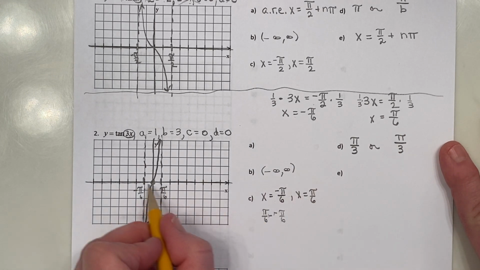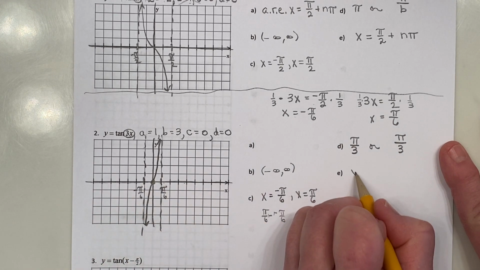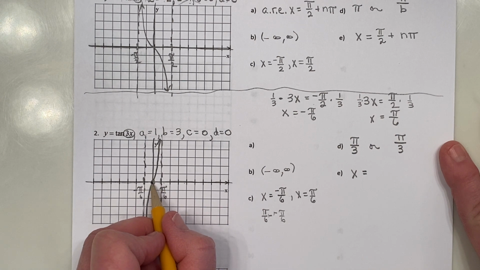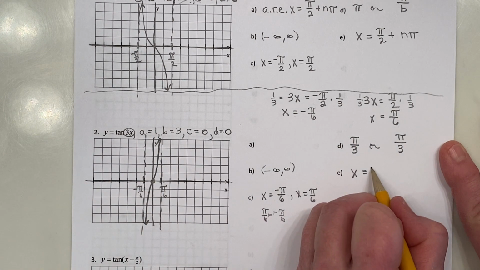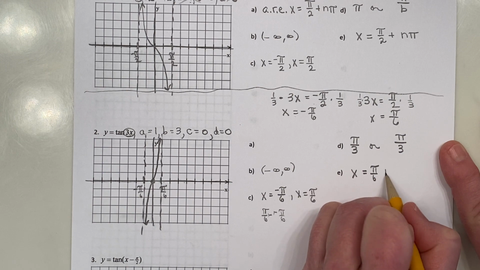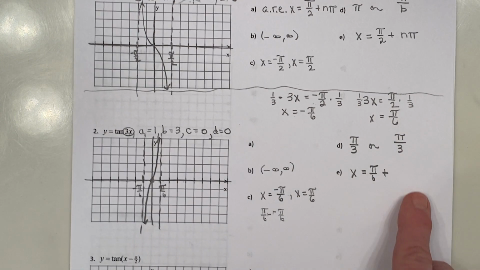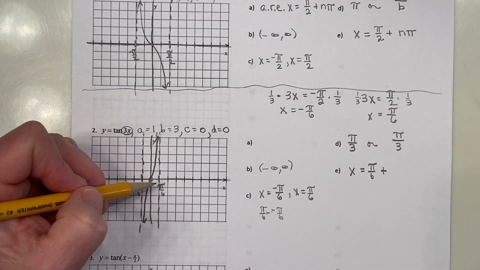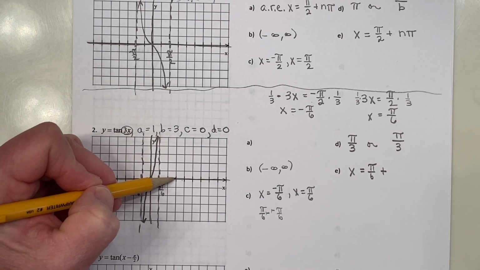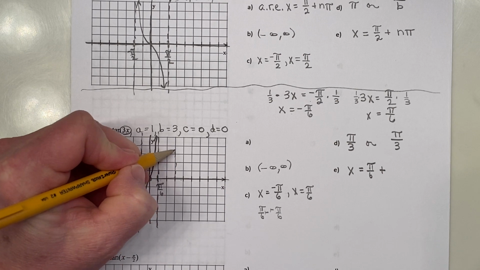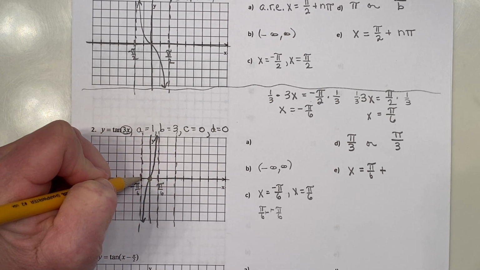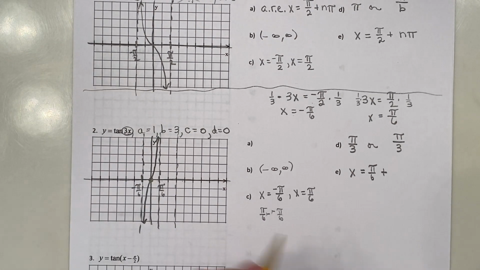All right, what is an equation for all these vertical asymptotes? Well, we typically start with the first positive vertical asymptote if x equals 0. The y-axis is not an asymptote, so pi over 6 plus, we don't add n pi here because we want to think about where the next vertical asymptote would be. Well, the next vertical asymptote would be right over here, 2 blocks over. And what was this distance again right here? Well, it's pi over 3.